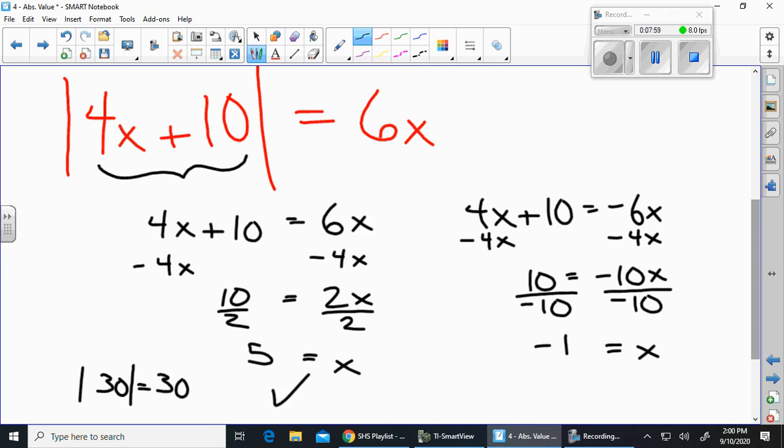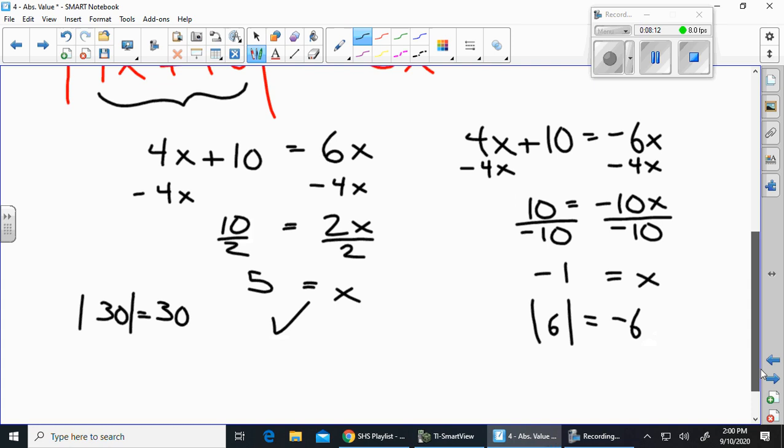Here, 4 times negative 1 plus 10 would be the absolute value of 6 equals 6 times negative 1, which is negative 6. The absolute value of 6 does not equal negative 6, so that is an extraneous solution. It doesn't work. It's false.